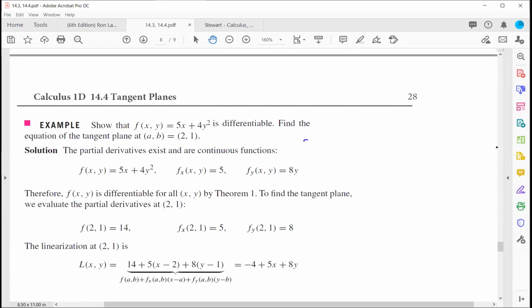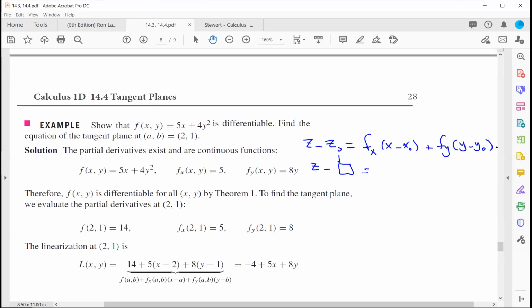We know that the tangent plane follows z minus z sub 0 equal to the partial derivative of f with respect to x times x minus x sub 0 plus partial derivative of f with respect to y times y minus y sub 0. Okay, let's see what information is given. z is a variable. z sub 0 is not given. You only have the first two values, x and y.